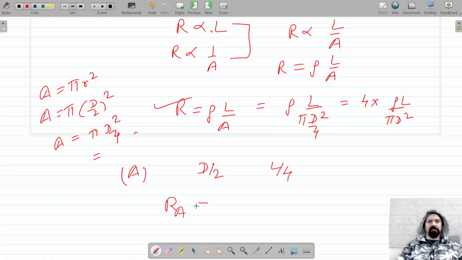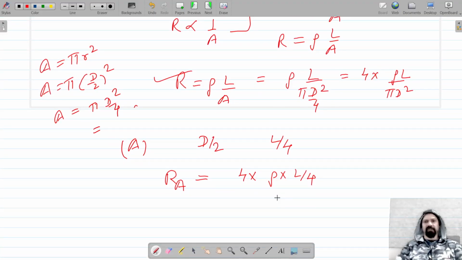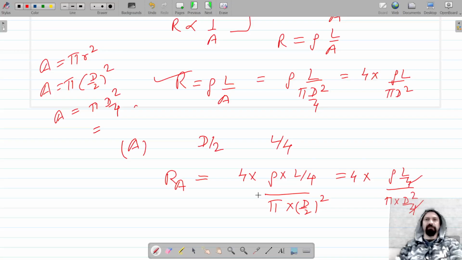तो रेजिस्टेंस इन ए केस, तो ये हो जाएगा 4 इंटू ρ इंटू L बाय 4, और डायमीटर हो जाएगा π इंटू (d/2)². So this is now equal to 4ρL by 4 upon π into d² by 4. 4 और 4 we can cancel that out.